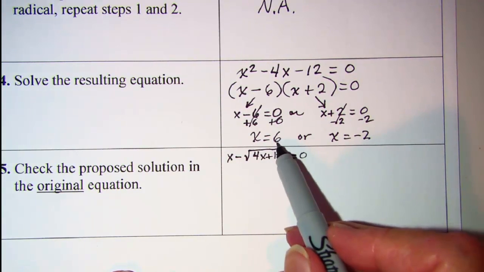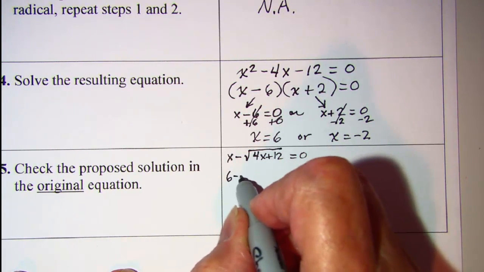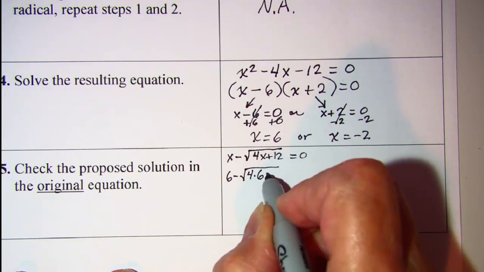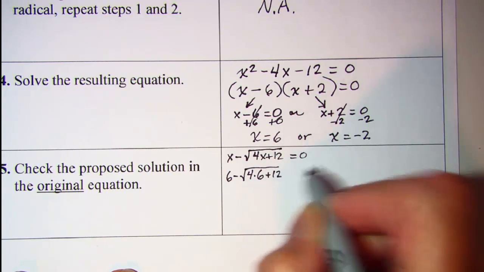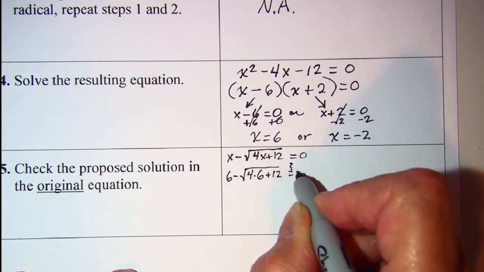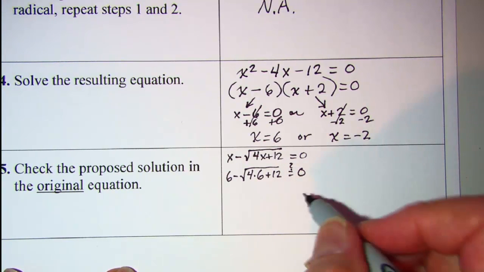So let's check the 6 first. 6 minus square root of 4 times 6 plus 12. I want to know if that is equal to 0.